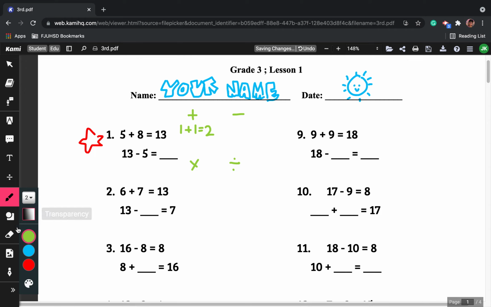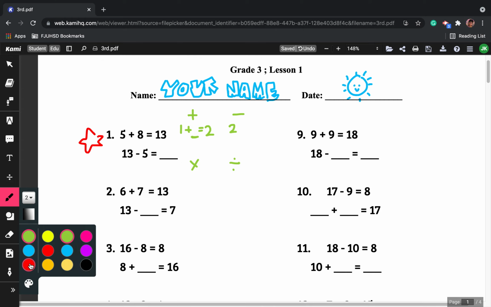But what if one part's missing, like this section? Therefore, what you can do is get the sum, subtract one of the numbers here that's not blank, which is 1. And 2 minus 1 is 1, which is true because 1 plus 1 is 2.